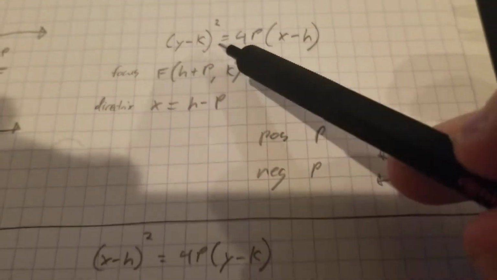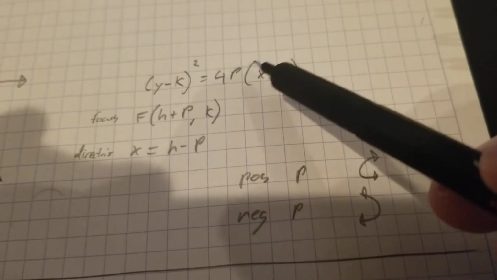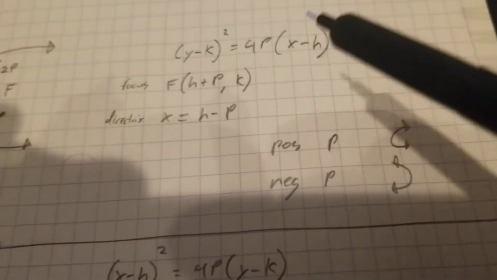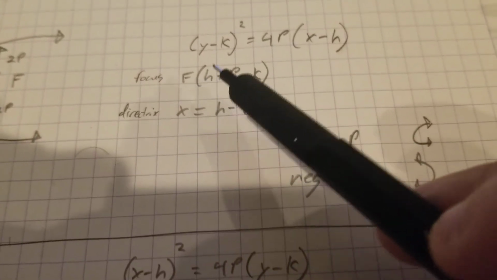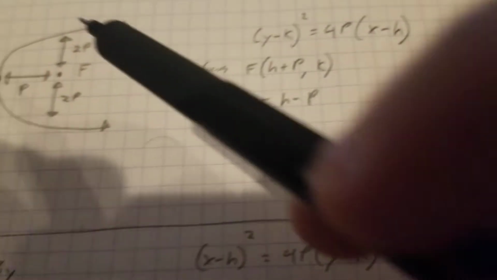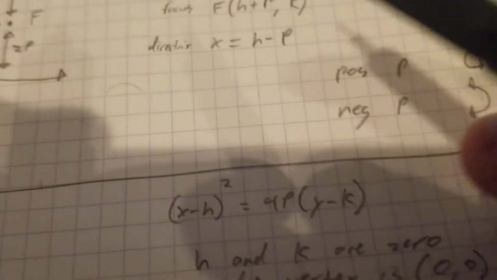And then the standard form of that is (y minus k) squared equals 4p times (x minus h). The graph for your focus is going to be h plus p, comma k, because we're starting at h and then going plus p units to the right.